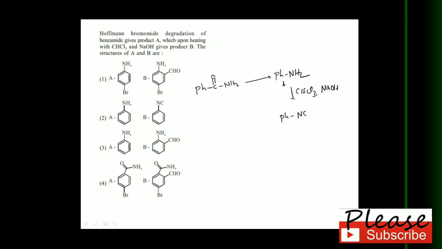It is a reaction for the identification of primary amines, either aliphatic amines or aromatic amines. Okay. In the previous video, I have discussed the mechanism also. So here in this case, for benzamide, the product A is this one, and product B is this one. That aniline is converted to phenyl isocyanide.